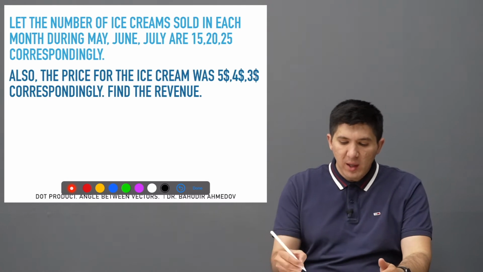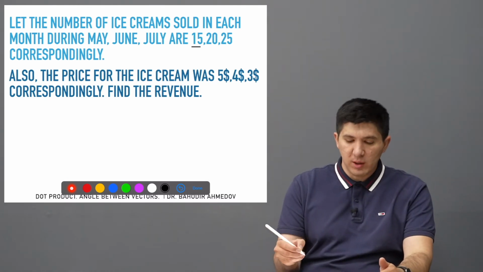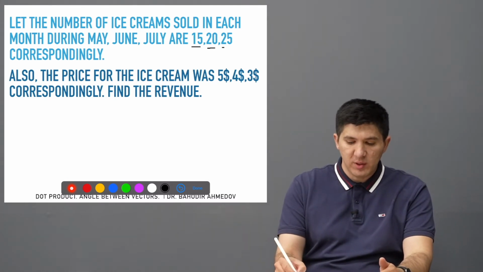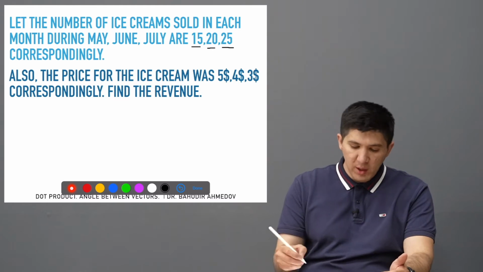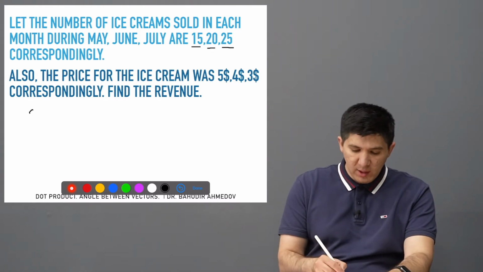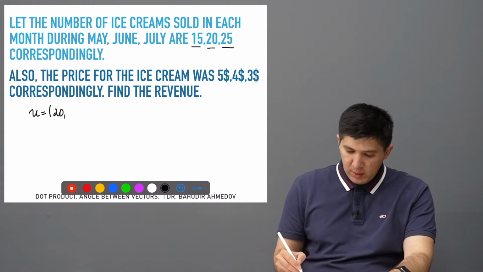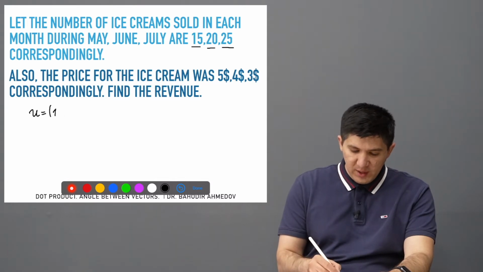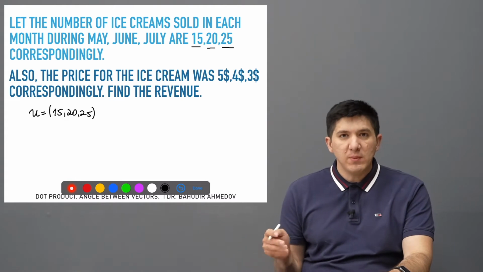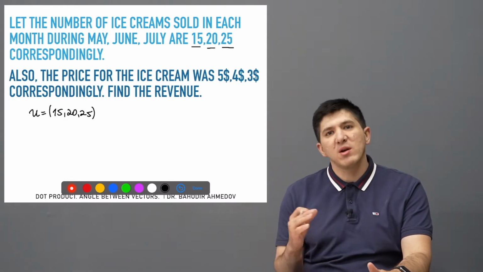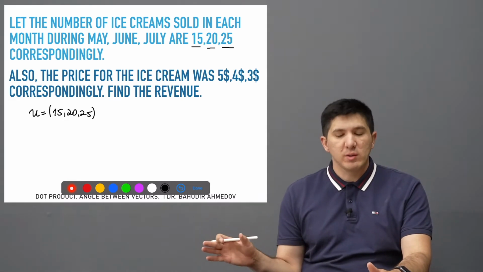In May, 15 ice creams were sold, in June 20, and in July 25 ice creams have been sold. So you can create one vector. Let's say u is going to be equal to 15, 20, and 25.